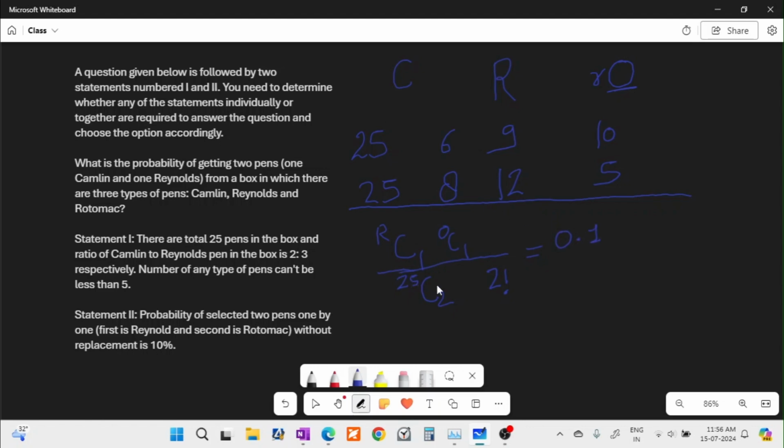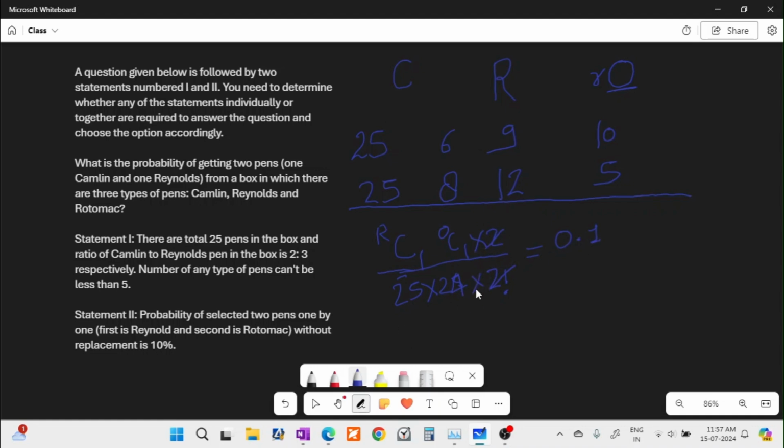This is 25. We can write it as 25 into 24 upon 2. So 2 will go up, and we can cancel 2 by 2 factorial because the value of 2 factorial is 2 only.